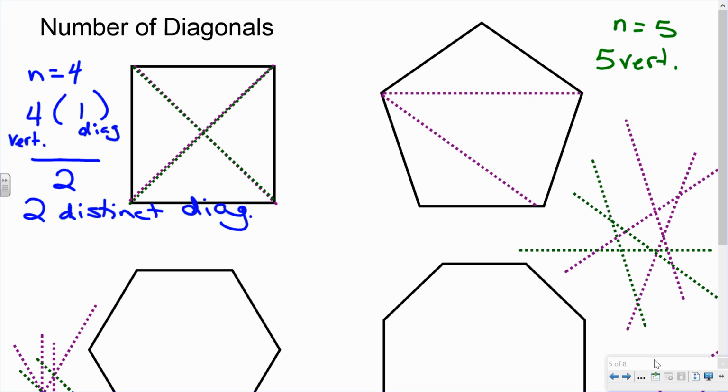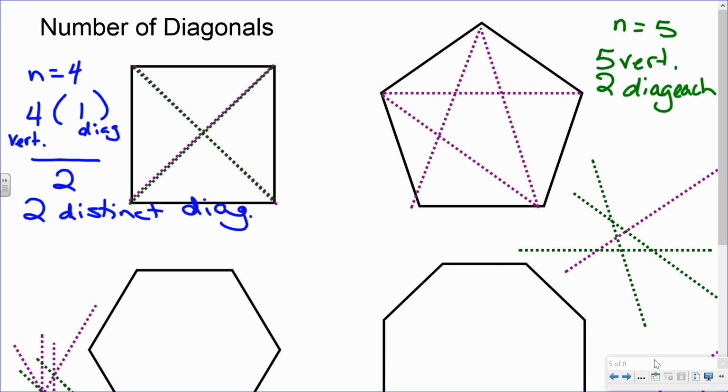So if I have 5 vertices, there's 3 I can't draw diagonals to, but 2 that I can draw to. So 2 diagonals from each. If I go up to the top, I can't go to itself or the adjacents, but I've got these 2 that I haven't drawn yet.